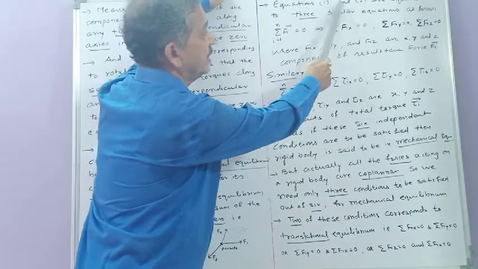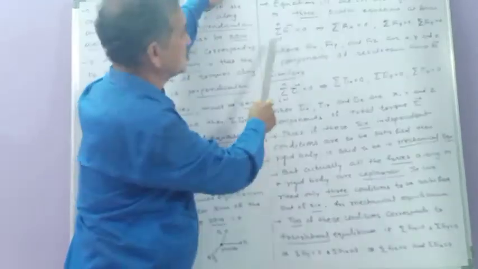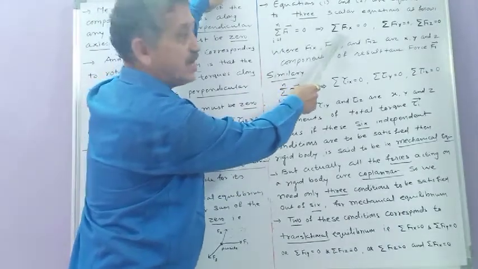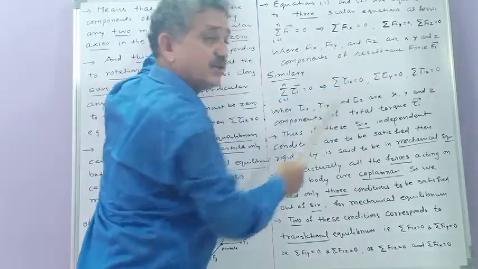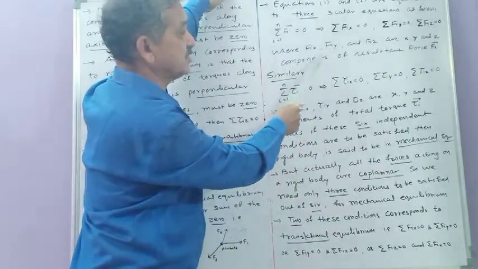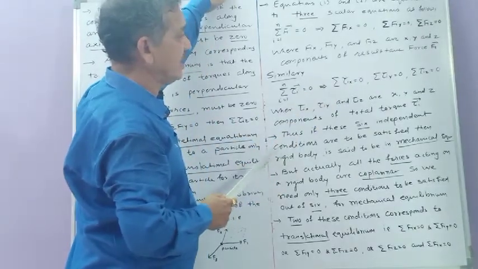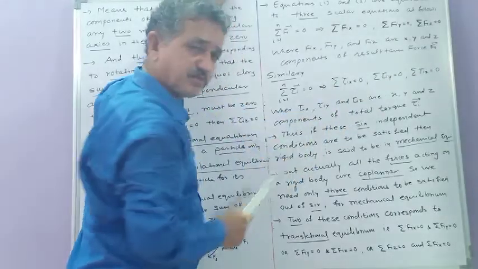Equations 1 and 2 are equivalent to six scalar equations. Sigma Fi from i equal to 1 to n equal to 0 gives sigma Fix is 0, sigma Fiy is 0, sigma Fiz is 0, where Fix, Fiy, and Fiz are the x, y, and z components of the resultant external force Fi.